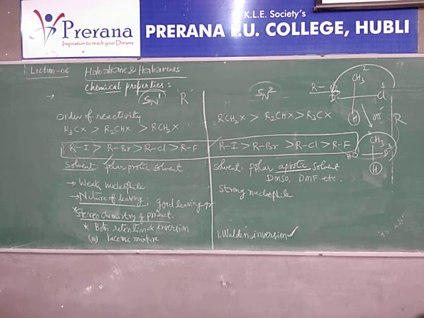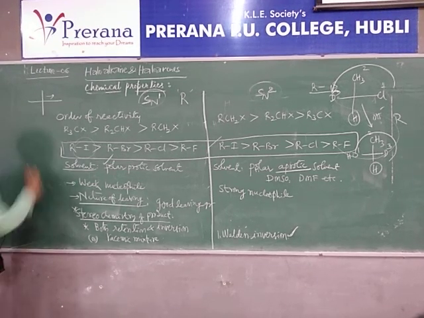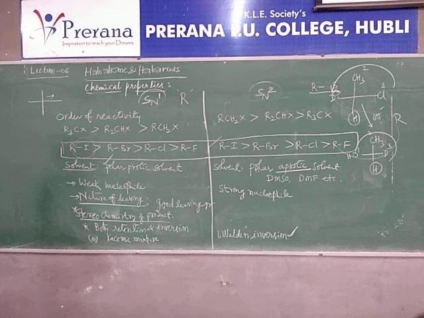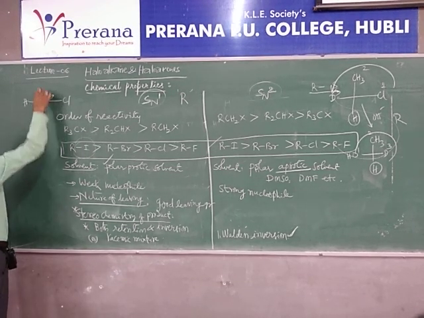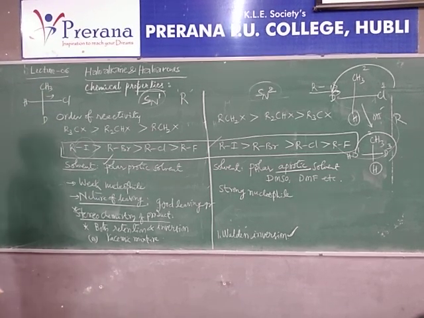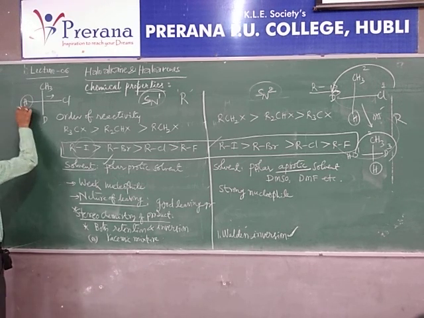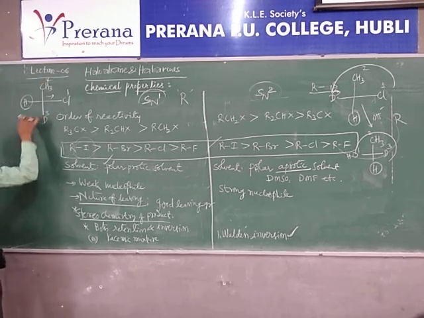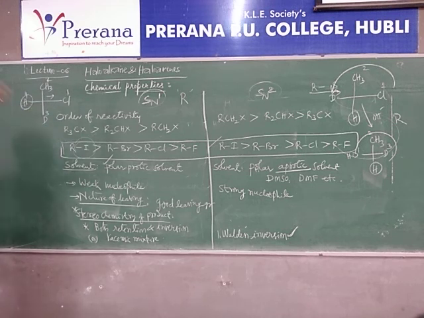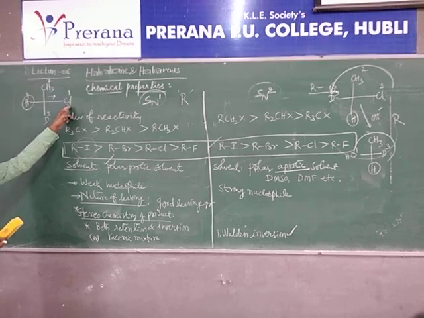Suppose hydrogen is on the horizontal line: hydrogen here, Cl here, deuterium here, CH3. Then what is the order? The result should be reversed here. Why? Because this is the first group, second group, third group, and the fourth group is not on the vertical line, it is on the horizontal line.